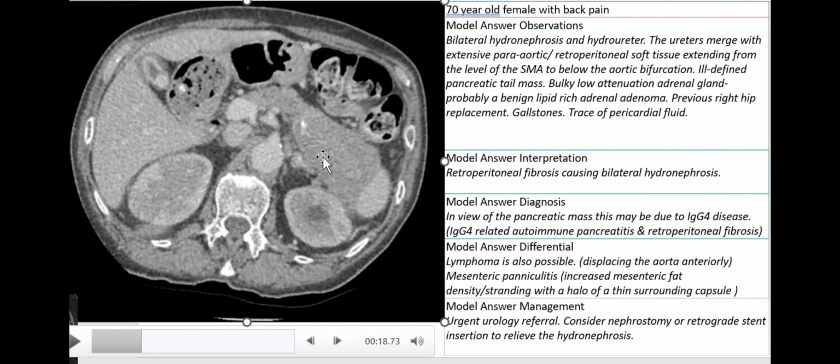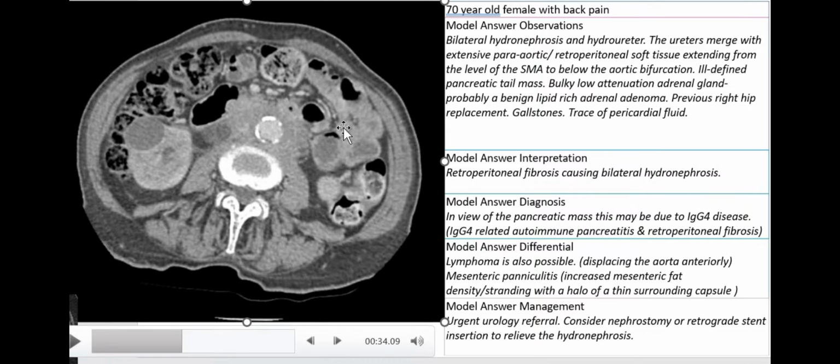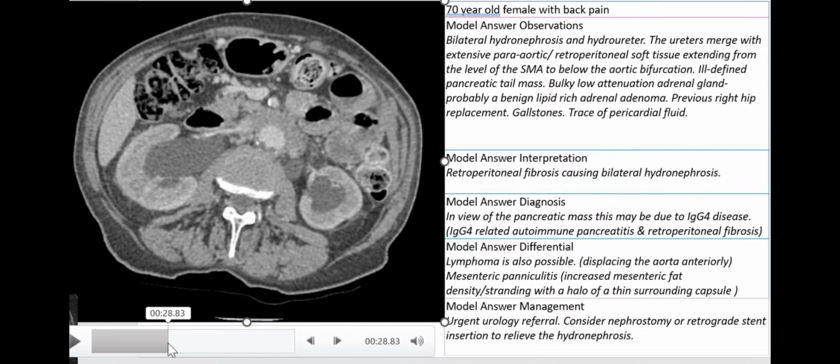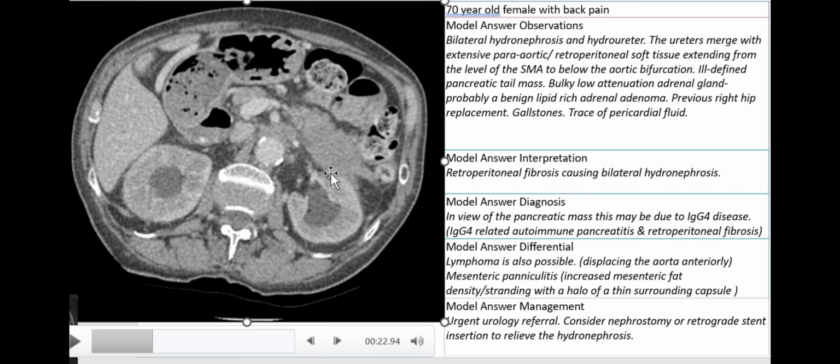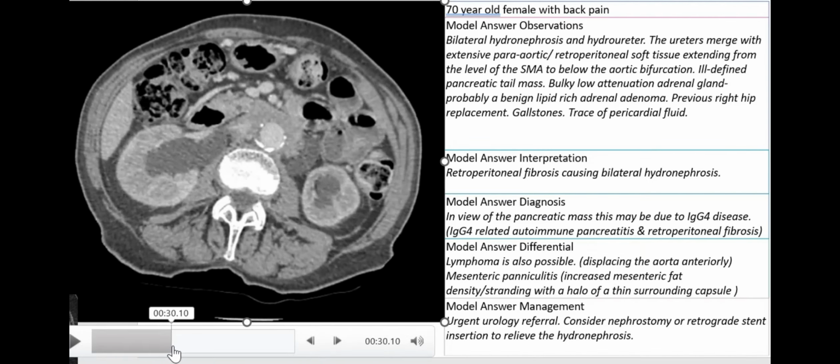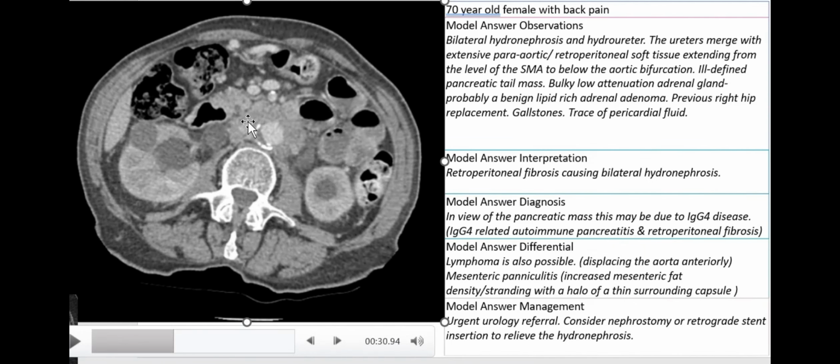Okay, with secondary retroperitoneal fibrosis. So the differential diagnosis is pancreatic lymphoma with secondary retroperitoneal fibrosis. Okay, the other differential diagnosis of the retroperitoneal mass is retroperitoneal lymphoma.